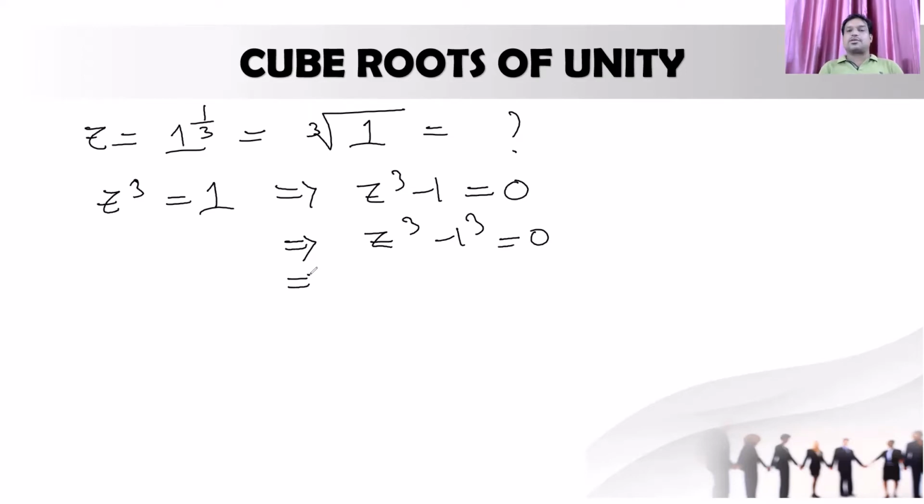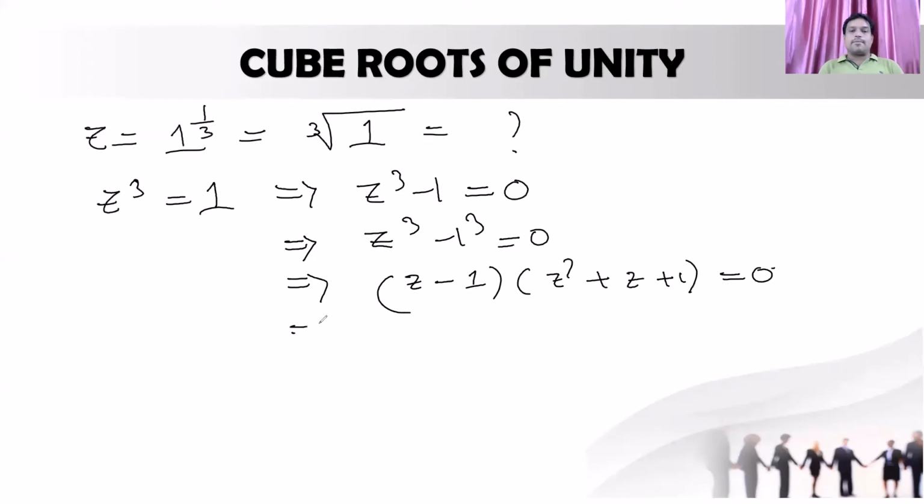So just factorize using a cube minus b cube. z minus 1 into z square plus z plus 1 equals 0. This implies a into b equals 0, that means a equals 0 or b equals 0 or both equal 0. So z minus 1 equals 0 or z square plus z plus 1 equals 0.